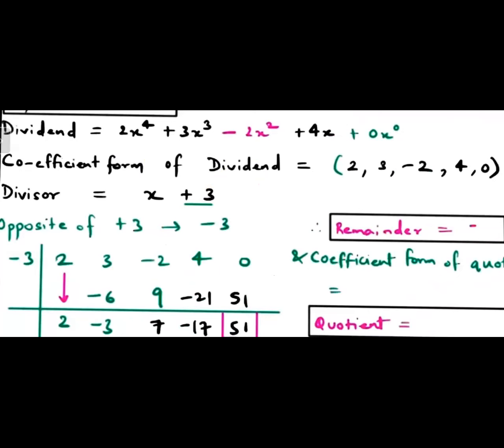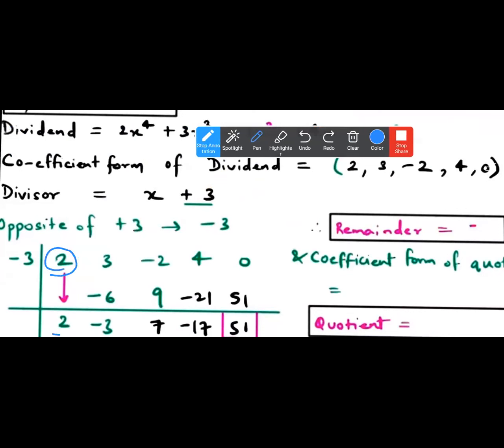2 write down as it is. On the third row, 2 multiplied by minus 3 is minus 6. Then 3 minus 6 is minus 3. Minus 3 multiplied by minus 3 is plus 9. Minus 2 plus 9 is plus 7.